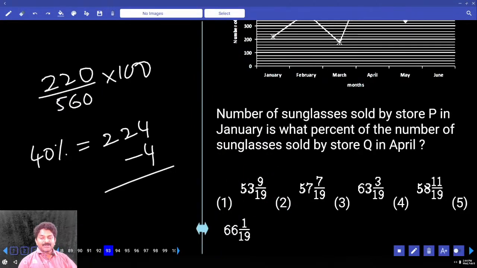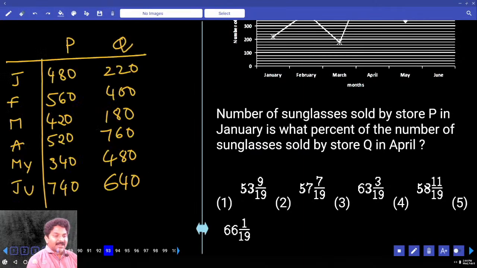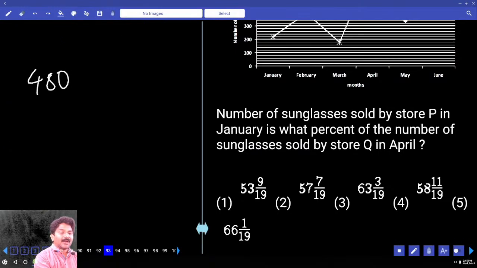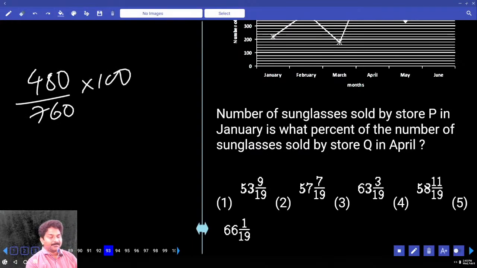Number of sunglasses sold by store P in January. P in January is what percent of the number of sunglasses sold by Q in April? Q in April, 760. 480 upon 760 into 100. Okay. Now, what is 10% of the denominator? Let me directly take 6 times of that number because options are close to that. 6 times 70, 6 times 6, 420 plus 36.